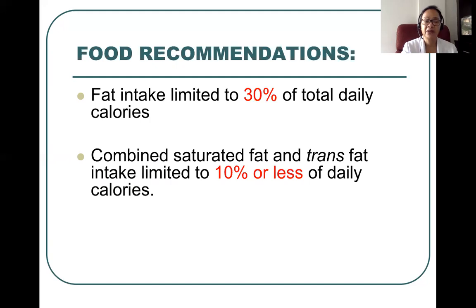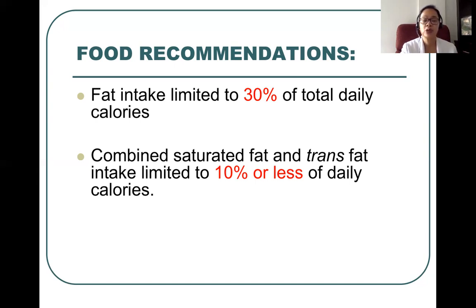In an average individual, in a normal individual, we do have an average daily intake. So the bulk of our diet must be provided by carbohydrates. Okay, that's about 50 to 60%.